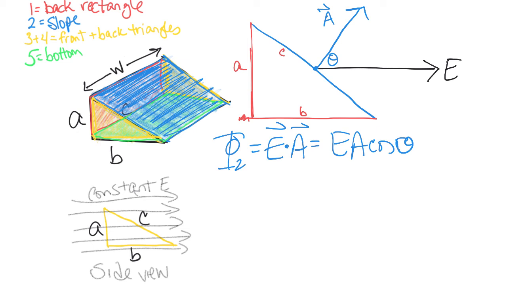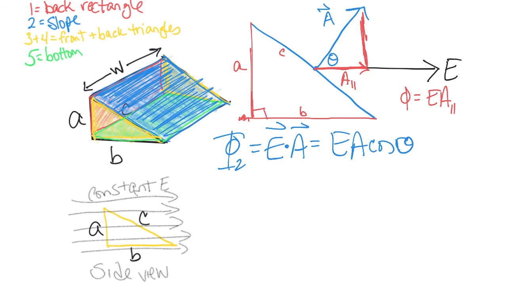Remember with E dot A, we're really looking at this projection. This is sort of A parallel, if you will. So phi is E times that projection of the A onto there. So what triangle is that?